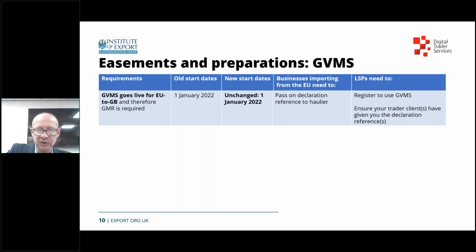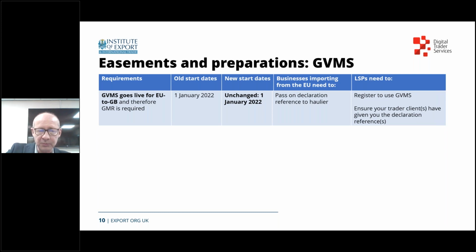So, and now we have a GVMS which goes live on the 1st of January 2022. So we've got a slide shortly on GVMS, which I'll refer a little bit more to there, but this is an important milestone as well in the movements from EU to GB, through the likes of Dover, through the likes of Eurotunnel, through the likes of Holyhead.